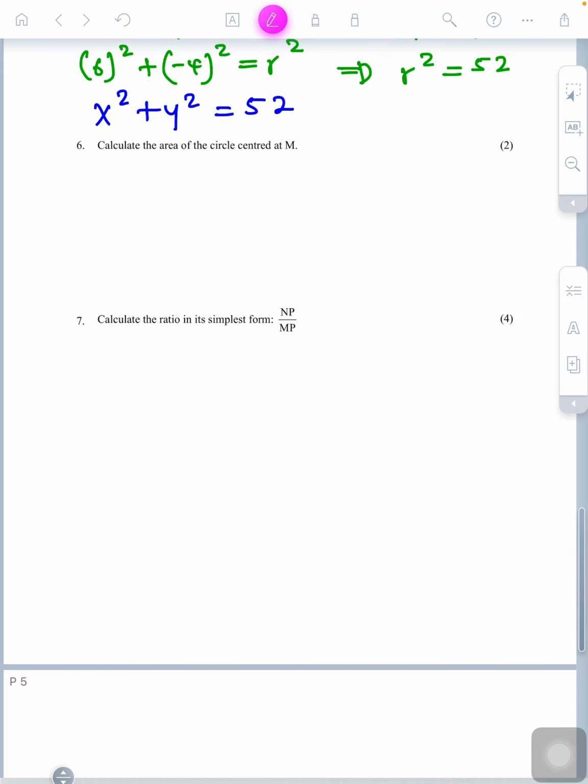You're going to say to yourself, the area is going to be found by pi r squared, where r is the radius. So now I'm going to say where r is the square root of what? Of 18.